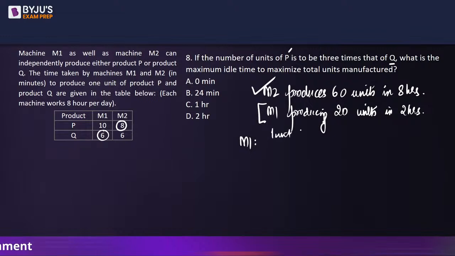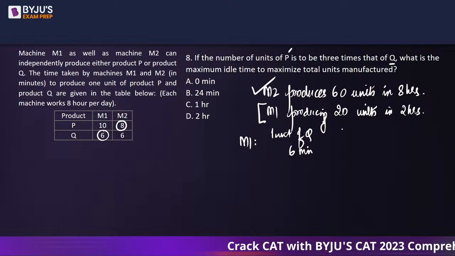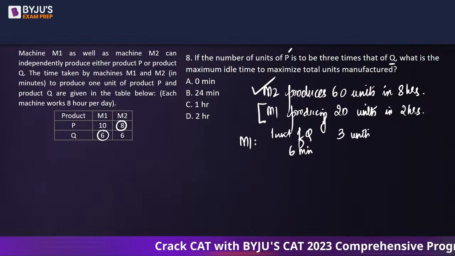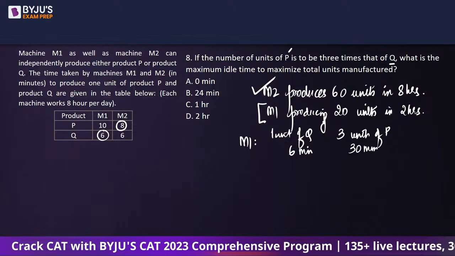1 unit of Q in 6 minutes, and it will produce 3 units of P in 30 minutes.